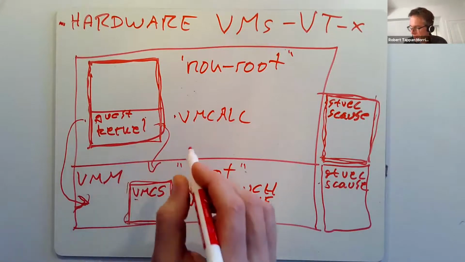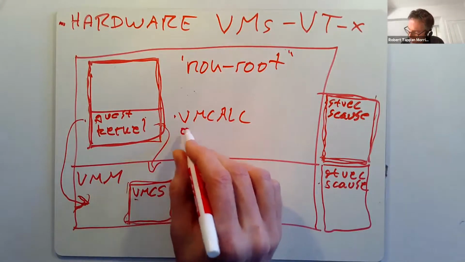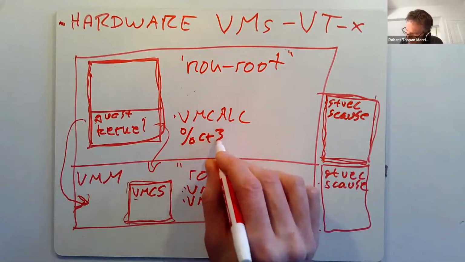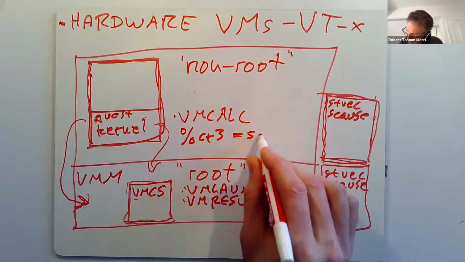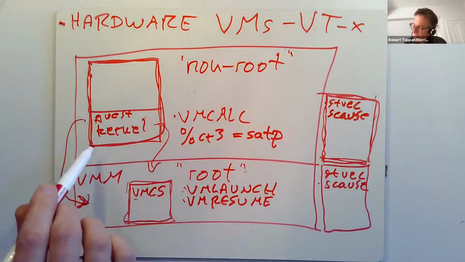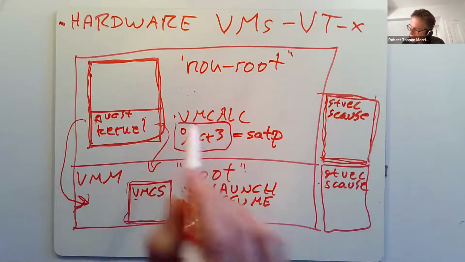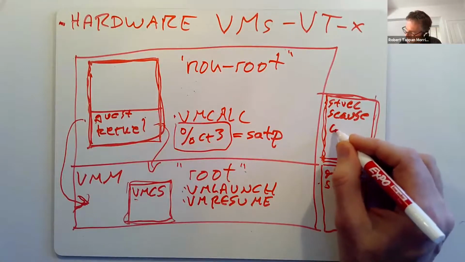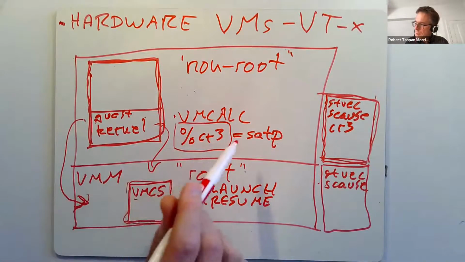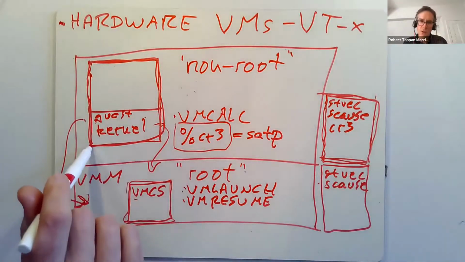Wants to be able to load CR3, which is the Intel equivalent of the SATP register. So VTX allows the guest kernel to load any value it likes into the CR3 register to set the page table. And the hardware will actually obey that page table that the guest kernel loads.